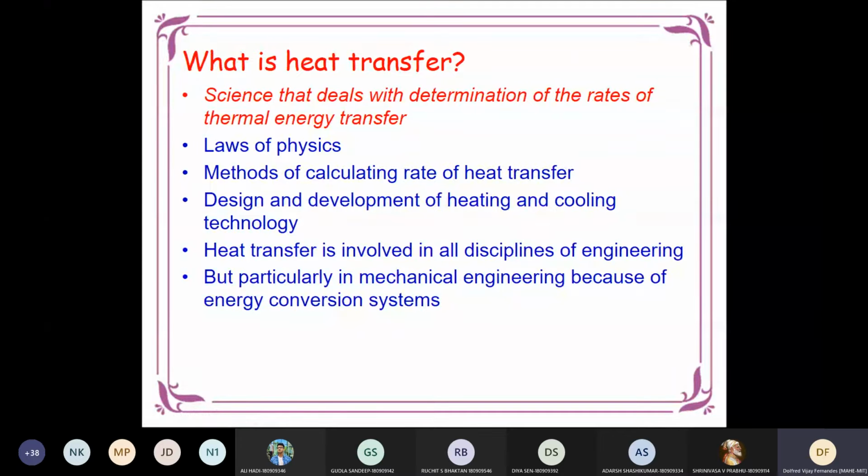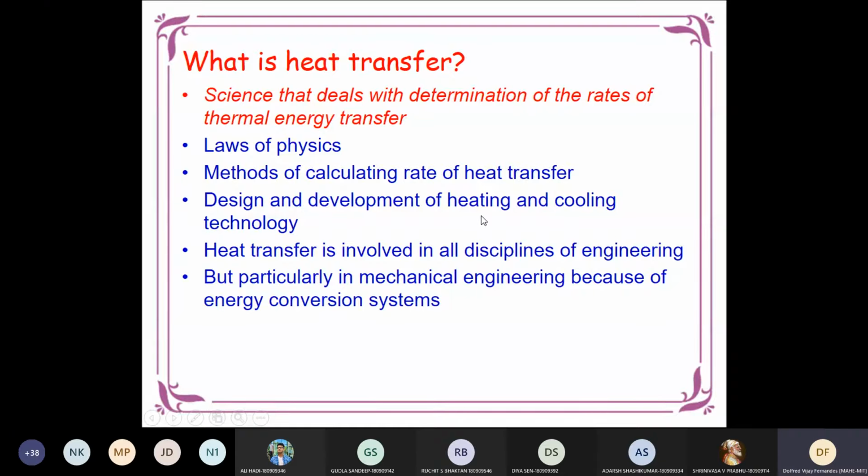I mean, we can name many applications for this. Cooling: now you are in front of your laptop or your mobile, maybe, right? And you can see that it's slowly getting heated. So it needs cooling. We cannot let the electronic components become hotter and hotter. At one point it will stop working.